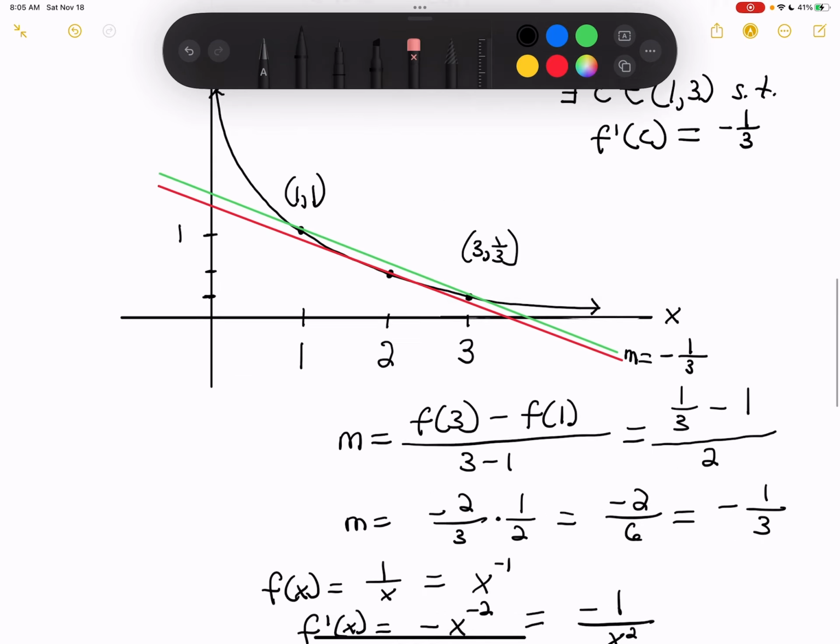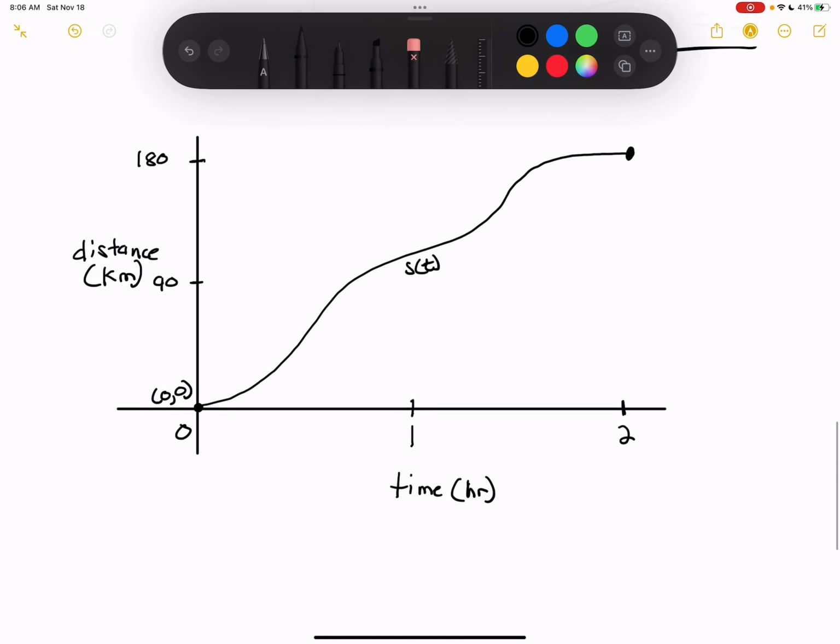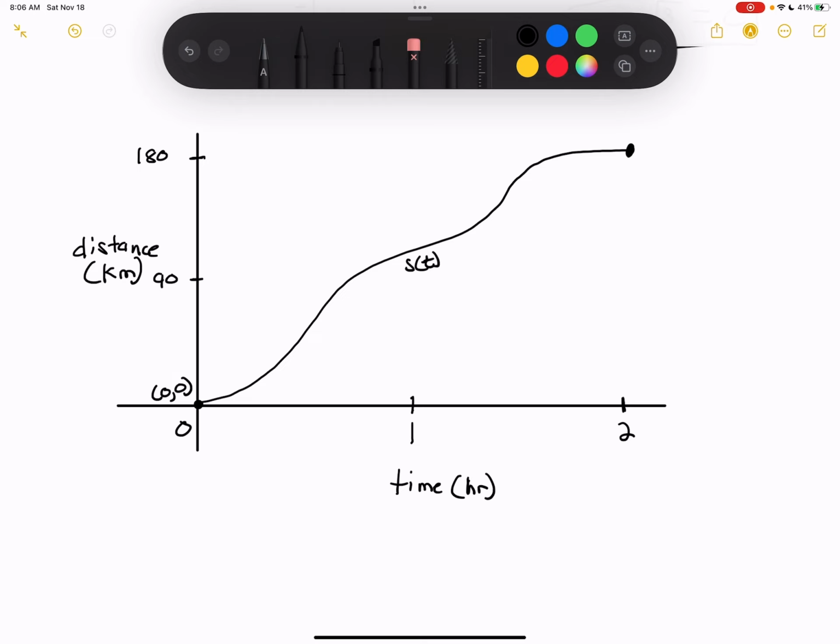All right, and let's go to a final example here. And this is more of an application of why this theorem is useful. Well, here we have a position function. And a position function is typically denoted s of t, where the independent variable is t, which is time, and the dependent variable is distance.